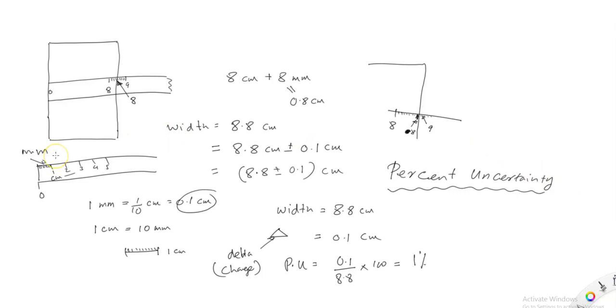So the next topic we're going to talk about is significant figures. So I'm going to go ahead and erase this. Significant figures, or sig figs. So what are significant figures?